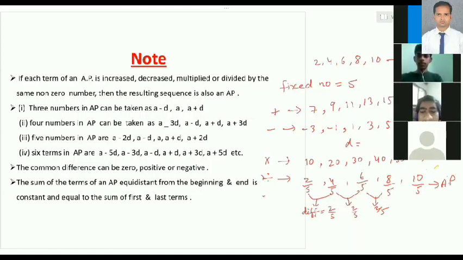Okay, Akhil, copy the first point and copy this example also. Completed?